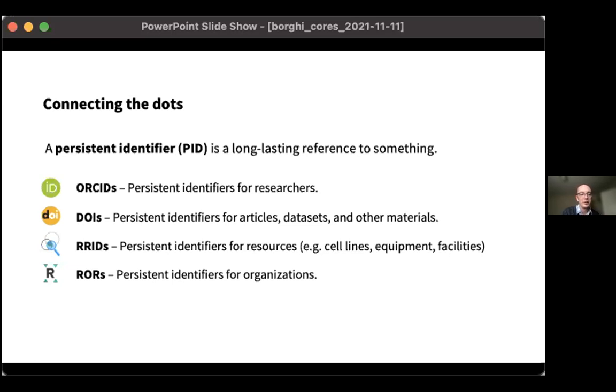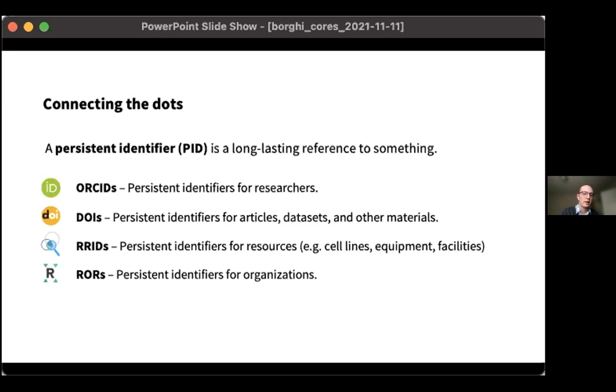So this is a persistent and unique identifier for me, and I can connect my ORCID to the DOIs and the RRIDs and the various other IDs that I generate for these objects that I'm sharing. Primarily, for papers, that's DOIs. For data sets, often that's DOIs, although there are other persistent identifiers. And there's a whole class of different things.